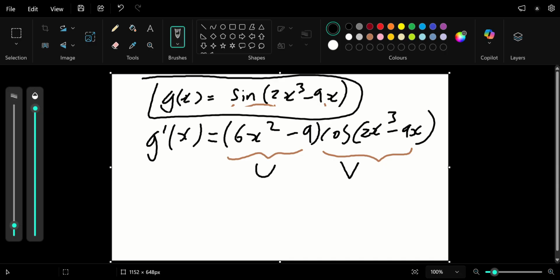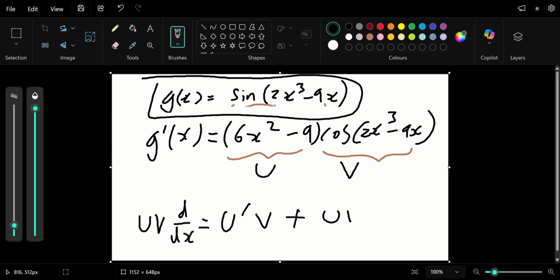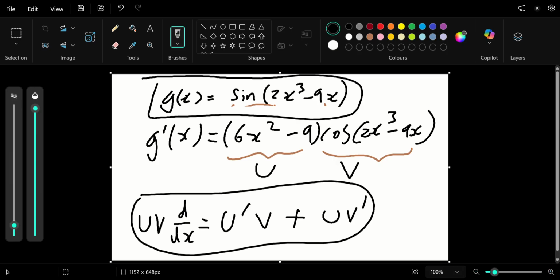Essentially what the product rule is: if we have a function uv and we want to differentiate it, we can express it simply as u prime multiplied by v, plus u multiplied by v prime. So we're going to be applying this formula above.